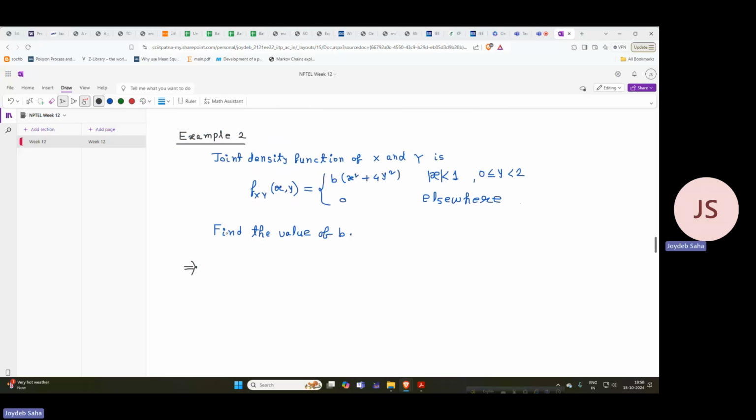If there is no query regarding the question, then let us try to solve it.